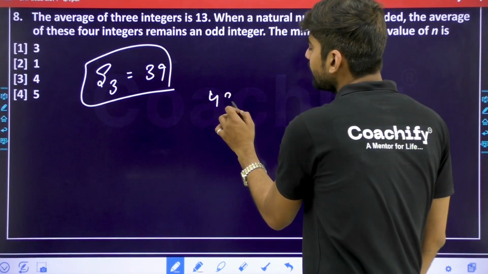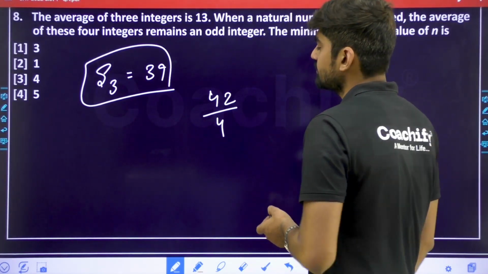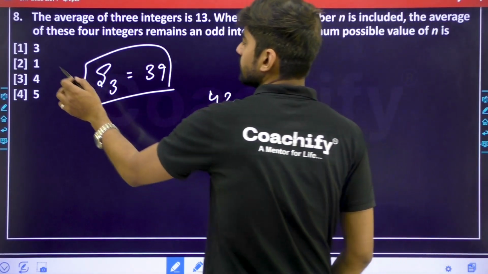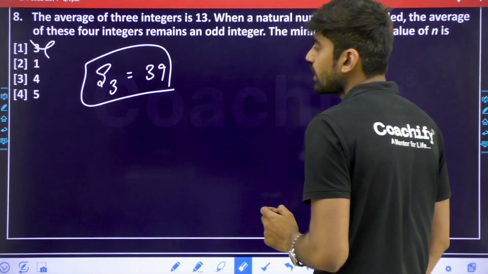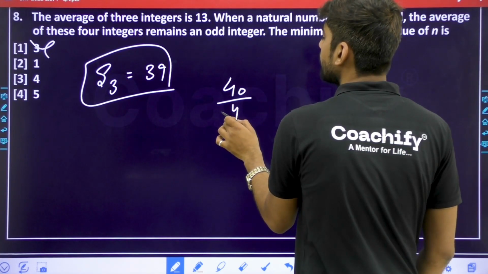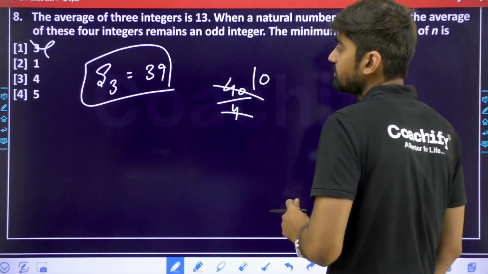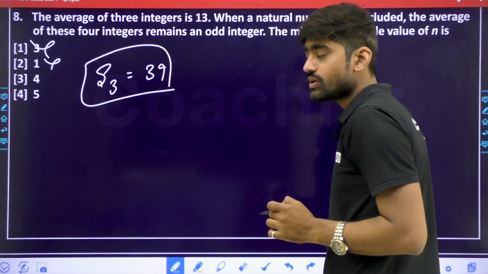When I divide 42 by 4 to find the average of 4 integers, this is definitely not an integer. So this option gets ruled out. Let's try the second option, which is 1. If I add 1 to 39, this becomes 40, and dividing it by 4 to find my new average, this comes out as 10, which is definitely not an odd integer, which rules out this option as well.